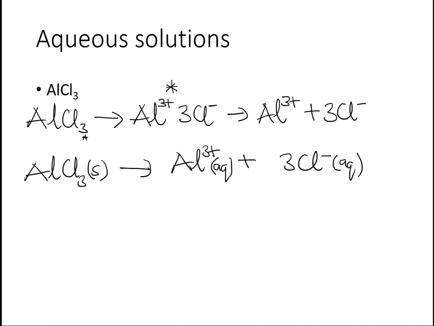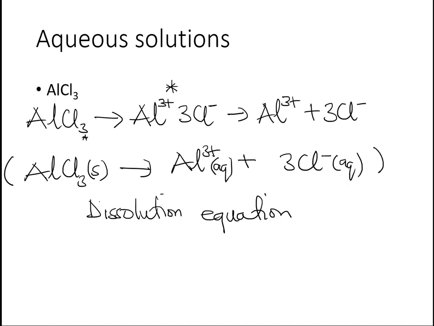So you can say that you have your dissolution equation. What we have up there is a dissolution equation. If you dissolve aluminum chloride, that's the equation that shows the dissolution of aluminum chloride.